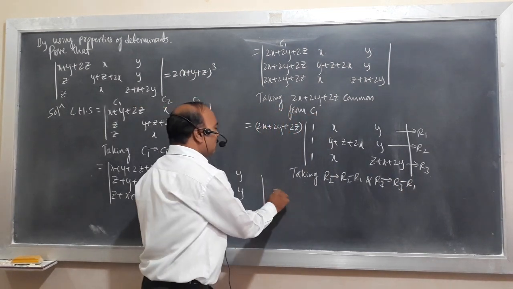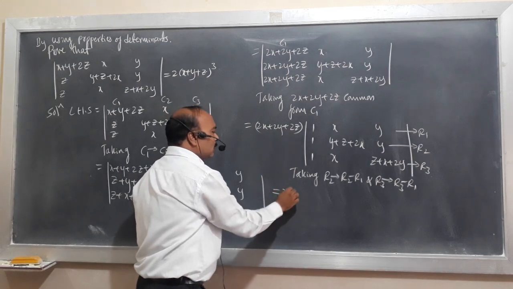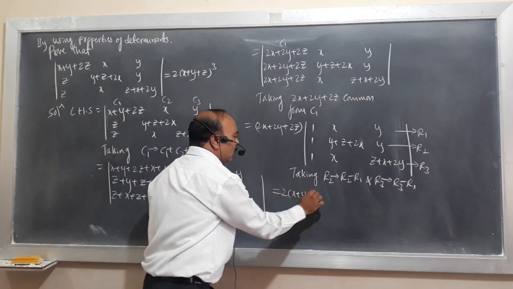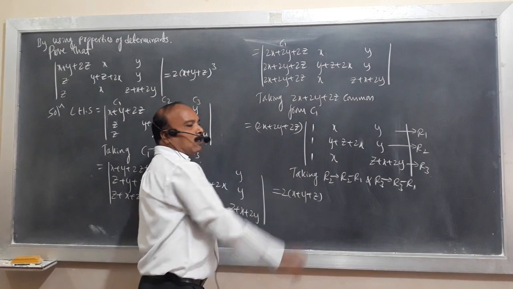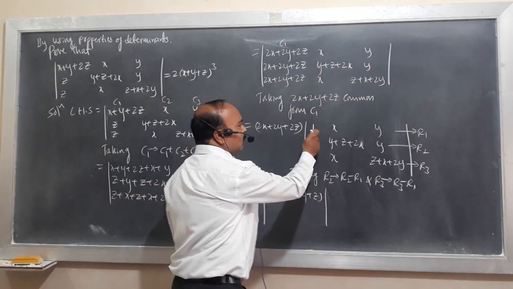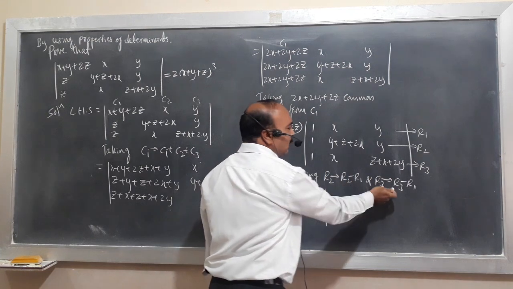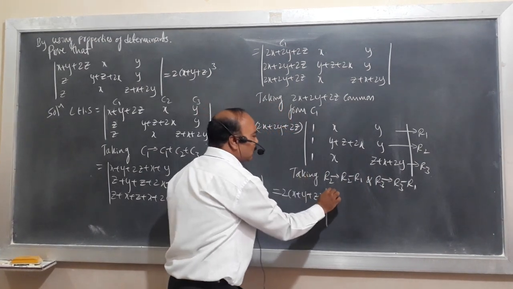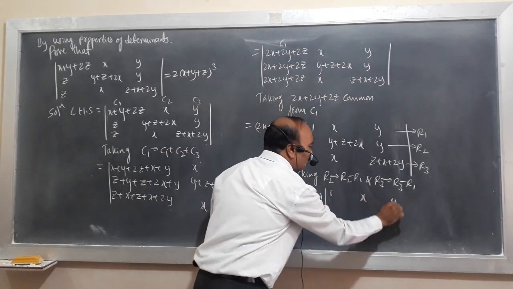Now it is equal to, here 2 is common, 2 into (x plus y plus z) I will write outside. Now we transform this, changing only R2 and R3, R1 as it is, 1, x, y.